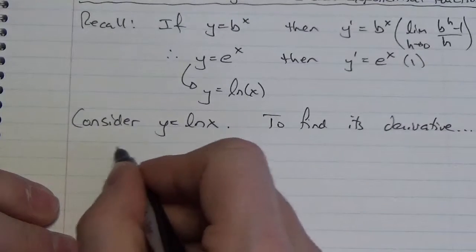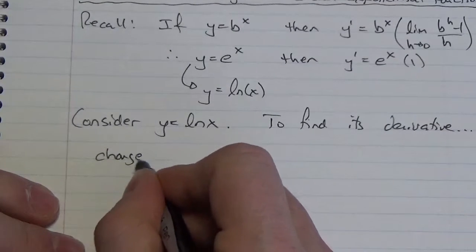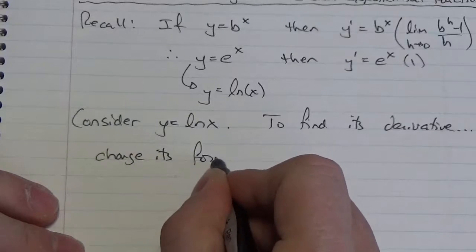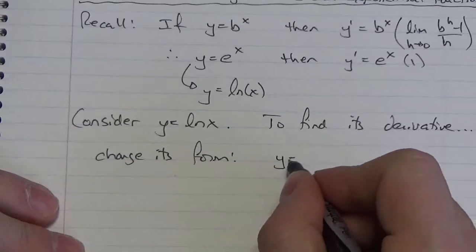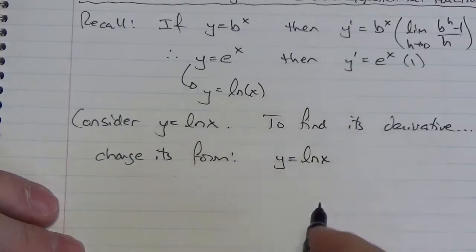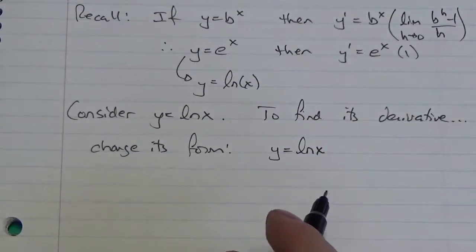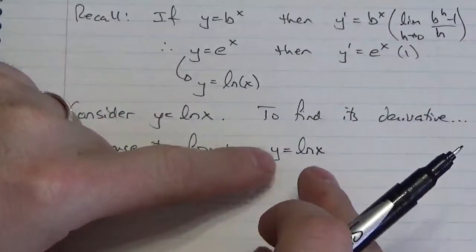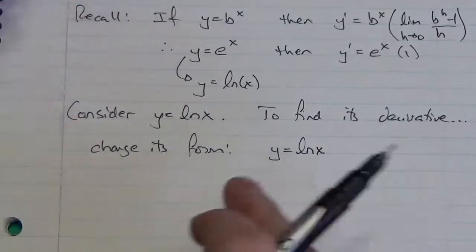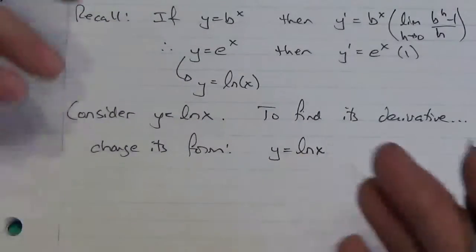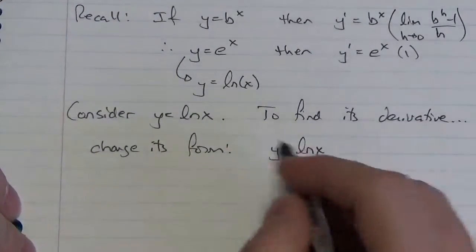So to find its derivative, change its form. We start with y equals the natural log of x. Because the inverse of the exponential has two different forms, we're going to look at the exponential form of this.